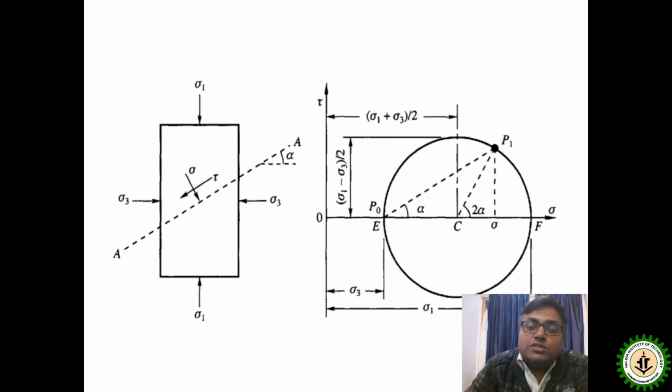The radius of the Mohr circle is given by sigma 1 minus sigma 3 by 2, and the distance of the center from the origin is sigma 1 plus sigma 3 by 2.